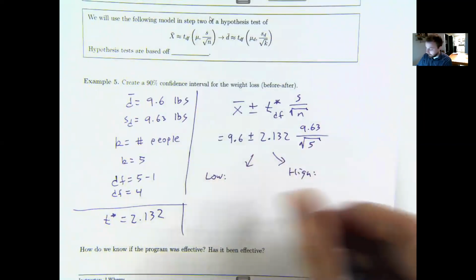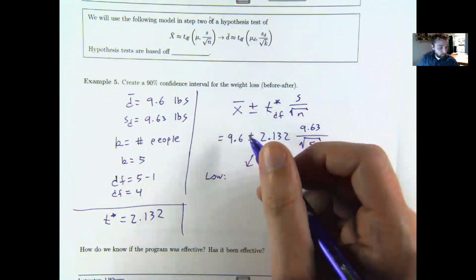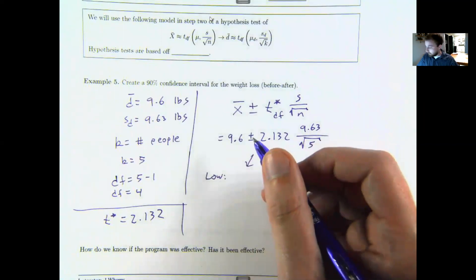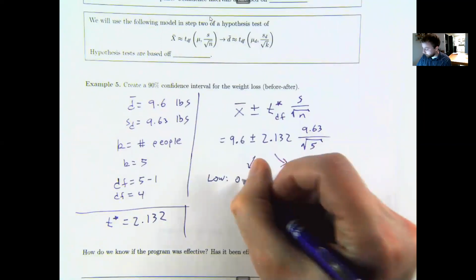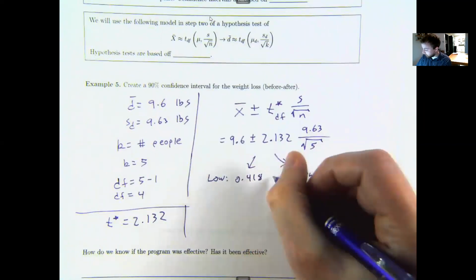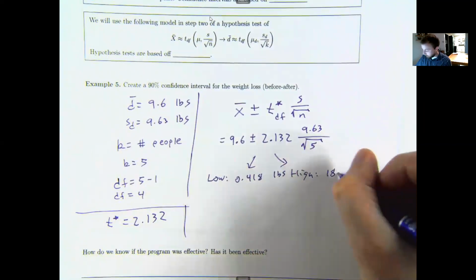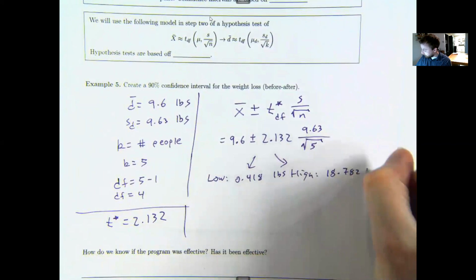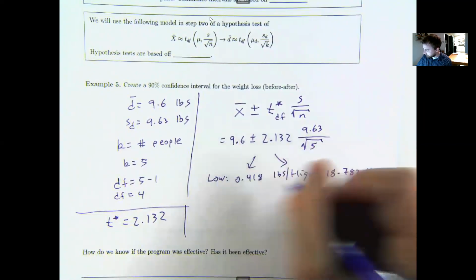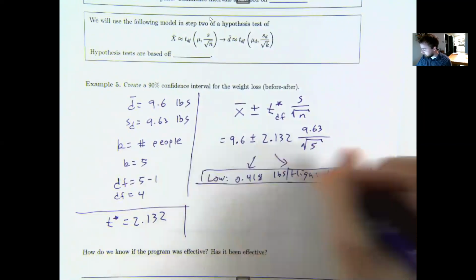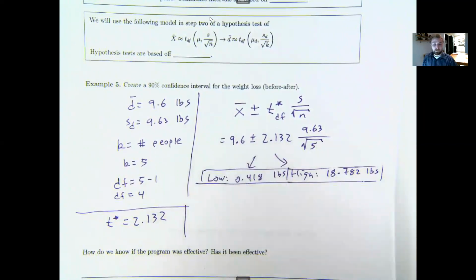When I do this with the minus on the low end, I end up getting 0.418 pounds. And on the high end, I end up getting 18.782 pounds. Now, this doesn't mean that someone weighed 18 pounds. That wouldn't even make sense. This is telling me how much weight they lost on average.